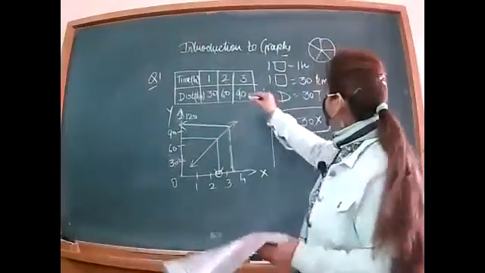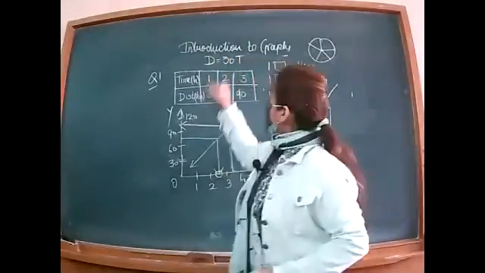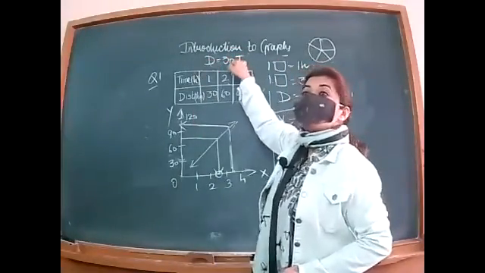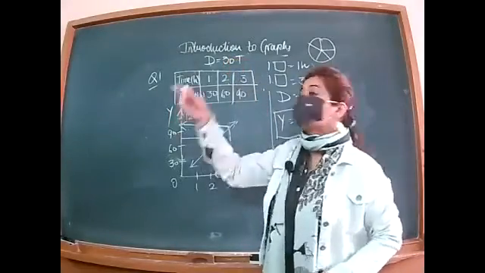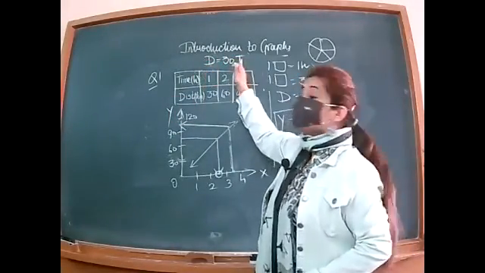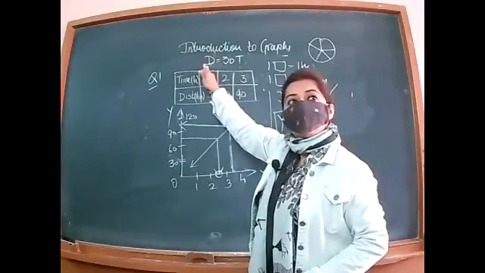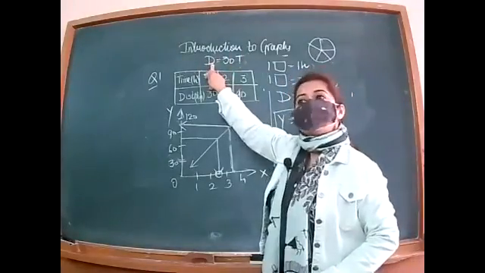Actually, what we just did: D is equal to 30T. Here D is dependent on T, right? You suppose the value of T separately, and D depends on it. If you take 1, the value of D comes accordingly. If you write 2 here, then the value will be different. So here T is independent and D is dependent.